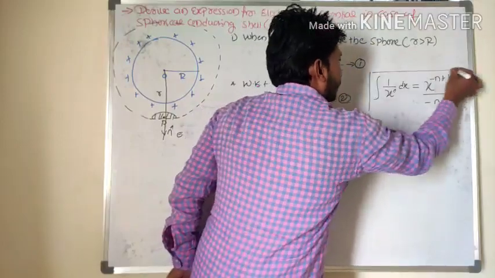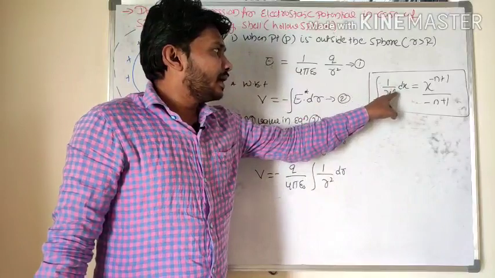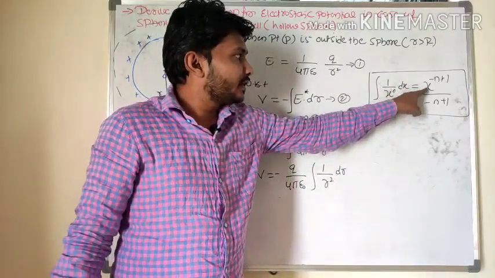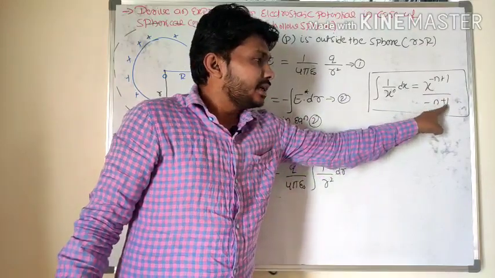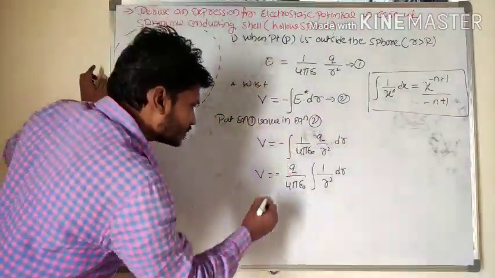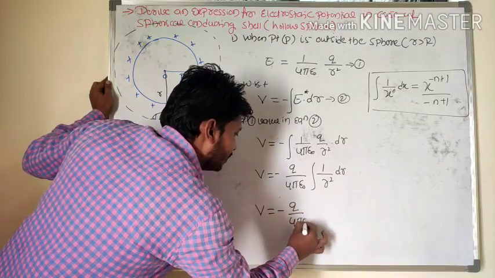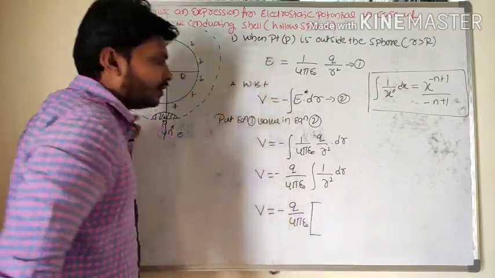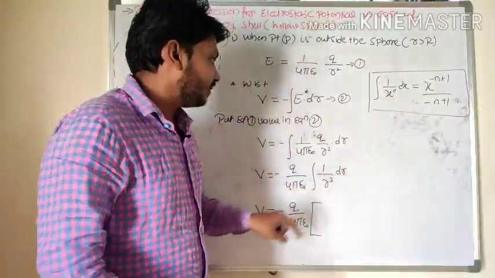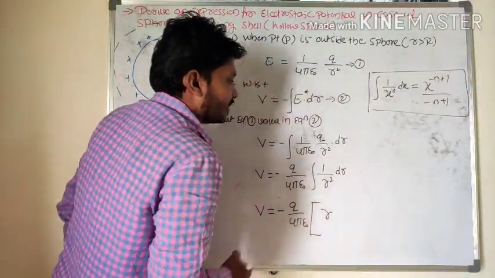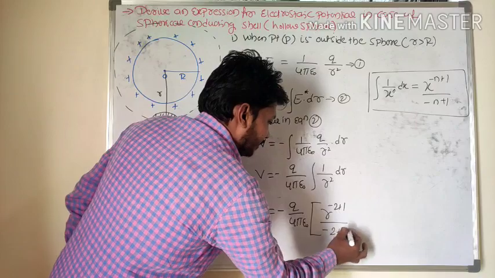I will use the same formula here: minus of q divided by 4 pi epsilon naught, 1 by r square. Wherever n is there, here the term is 2. So I can write this as r to the power of minus 2 plus 1 divided by minus 2 plus 1.